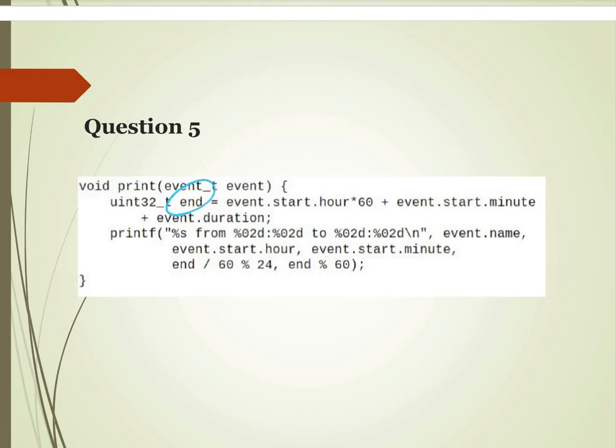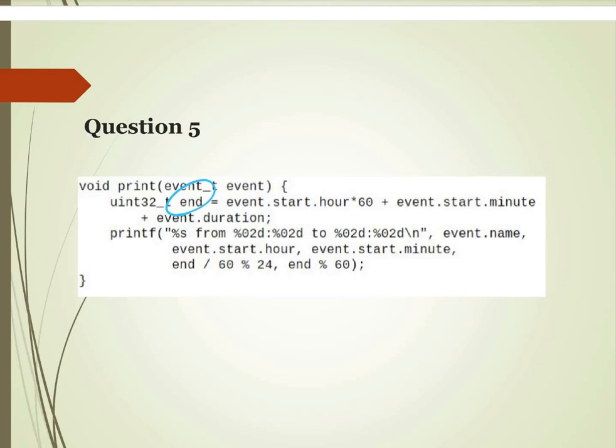It's simple math: the hour multiplied by 60, which gives us the minutes, plus the duration. That gives us the end time, and then we print it in the correct manner with the hour and minutes.